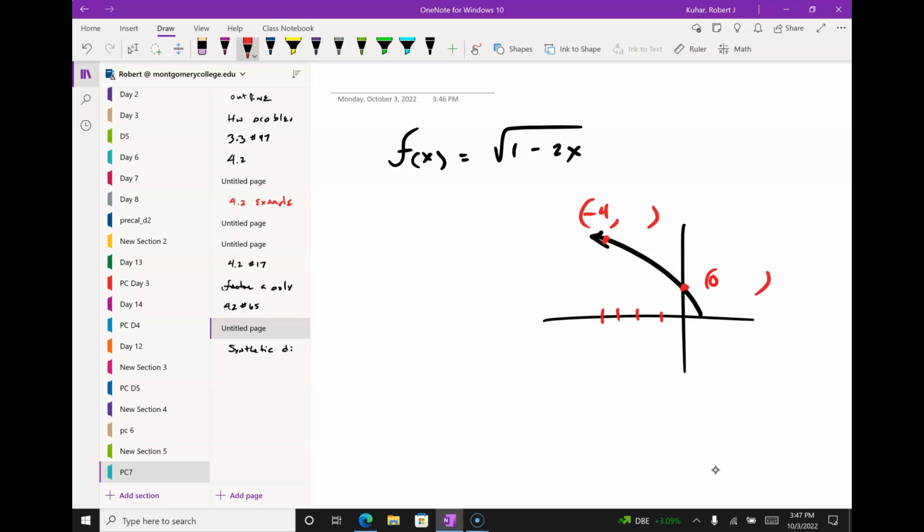What do I get when x is 0? When x is 0, you get 1. When x is -4, what do I get? 3. Right? -2 times -4 is +8, plus 1 more is 9, square root of 9 is 3.